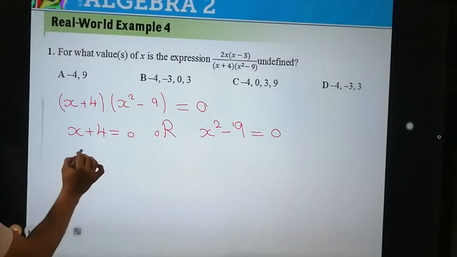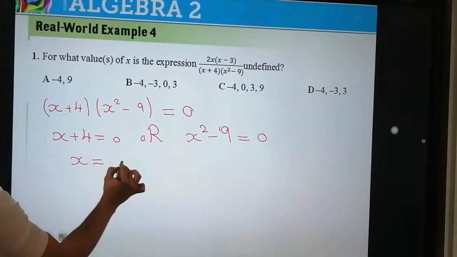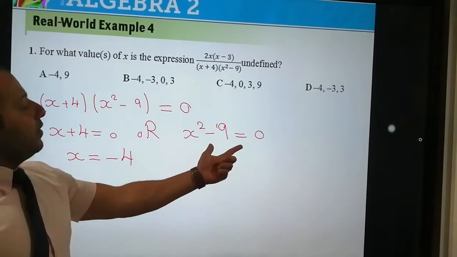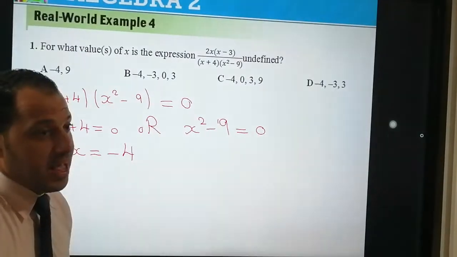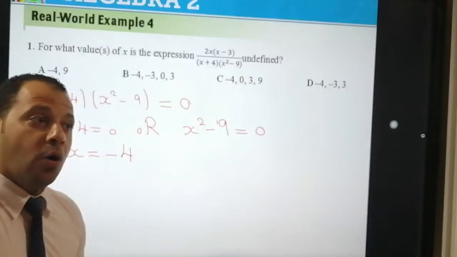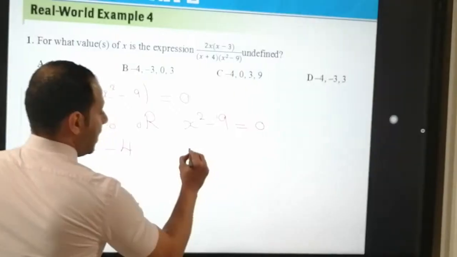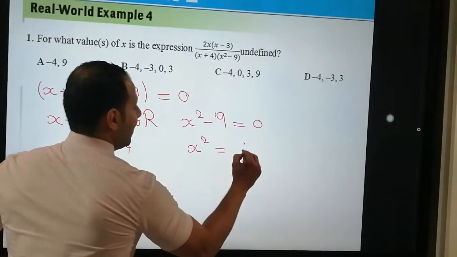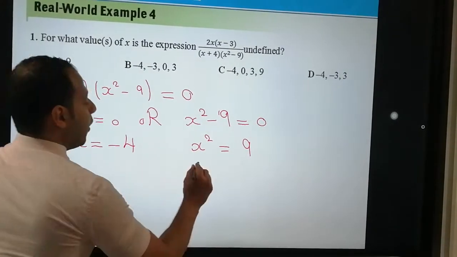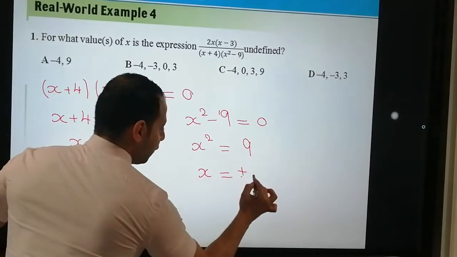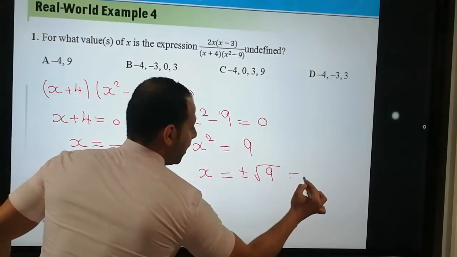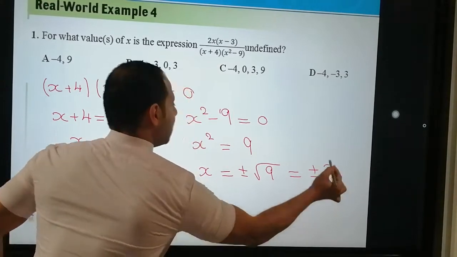From the first bracket you can get the value of x directly, so x equals -4. For the second you have two ways. You can use the difference of two squares, or you can use x squared equals 9 directly. But don't forget, when you get x you have two values, positive or negative square root of 9, which is positive or negative 3.